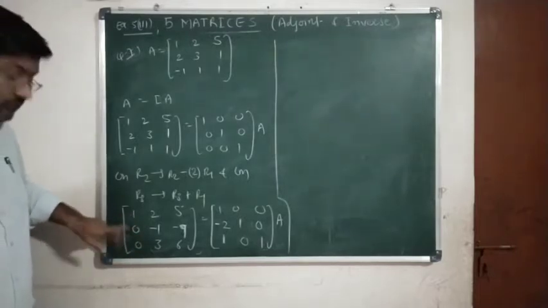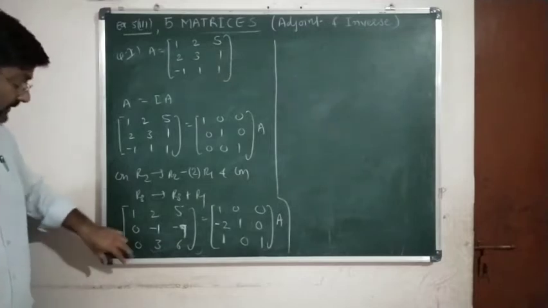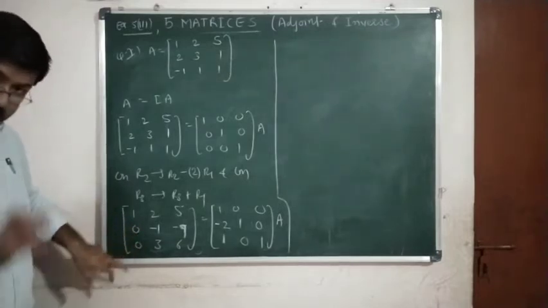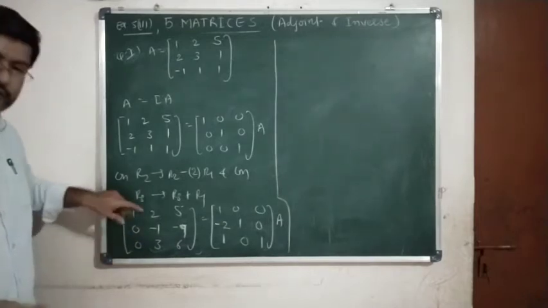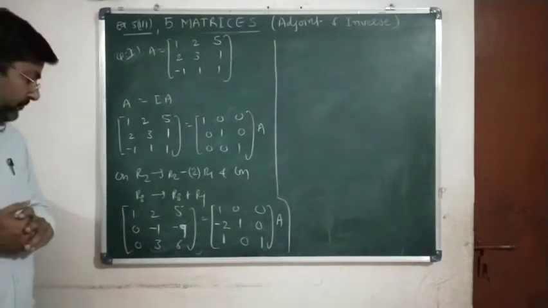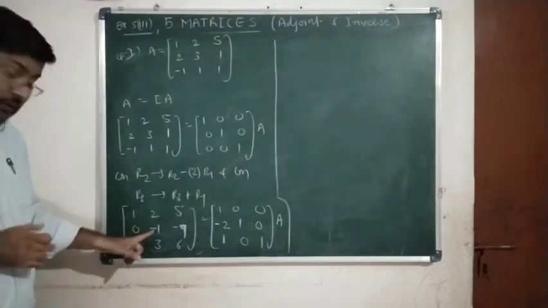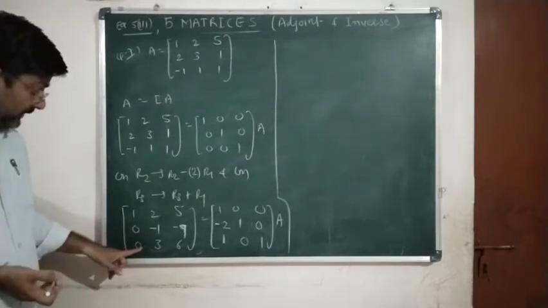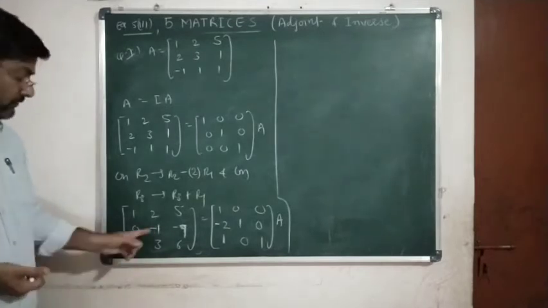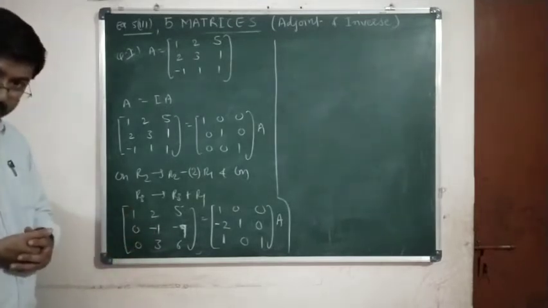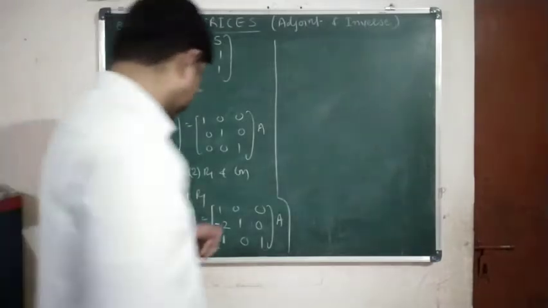Because 1 plus 0 will be 1. So again you have to bring zeros. Once we have got two zeros, then transform in such a way that this sequence is not disturbed. Clear? So instead, you cannot add, but you can multiply R2 by minus 1 at least. Clear? So let us do that.